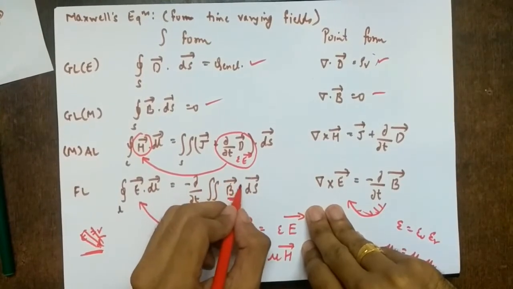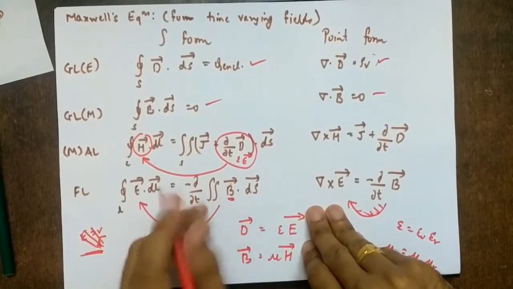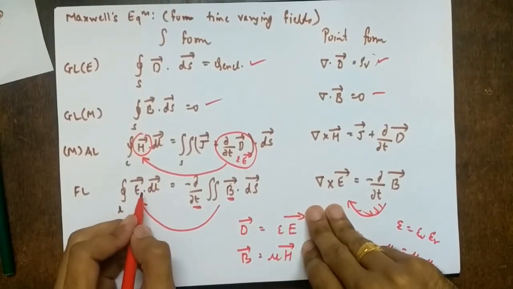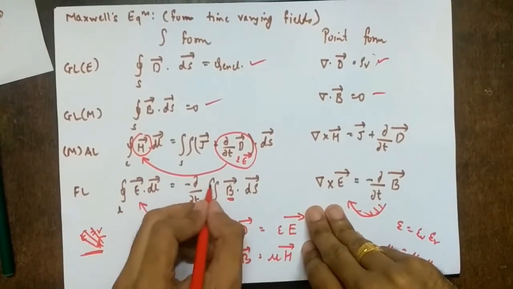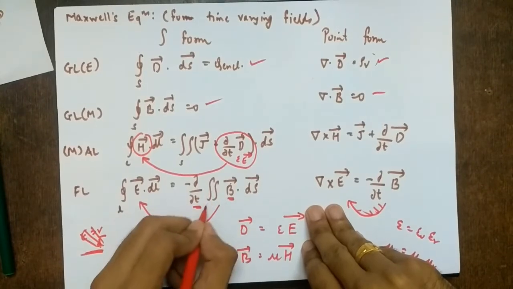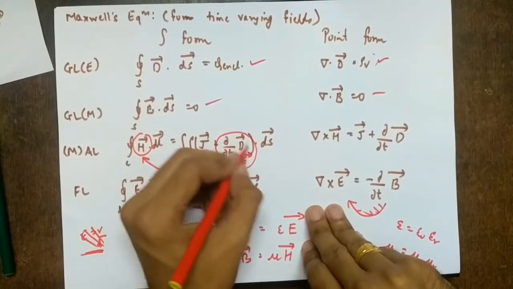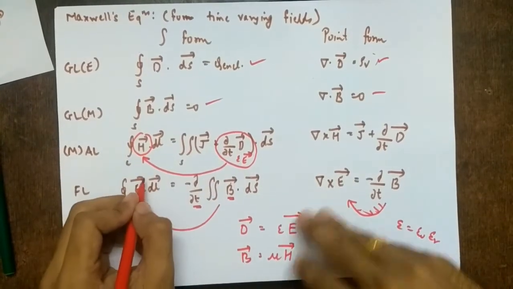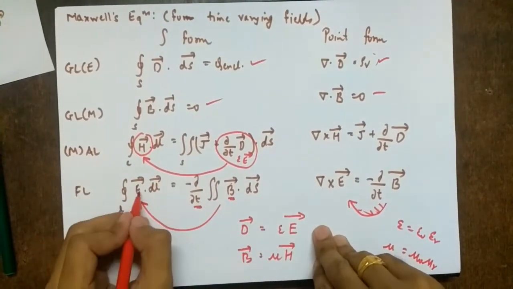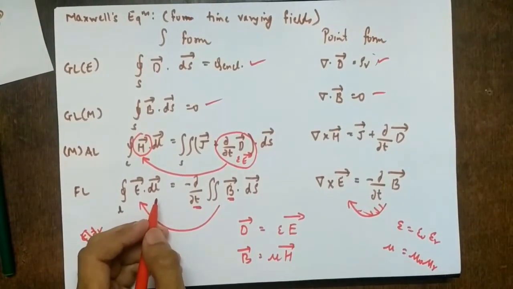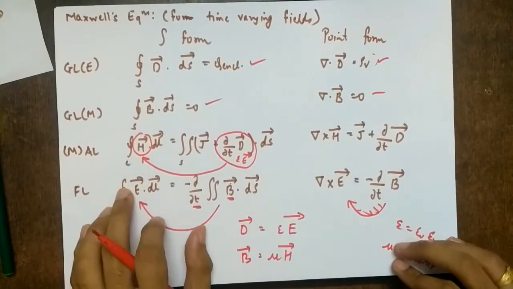Then when the right hand side is 0, the electric field will also be 0. So what we understand is, whenever there is a changing magnetic field, I'll always have an associated electric field, and whenever I have a changing electric field, I'll always have an associated magnetic field. Means E cannot exist without H and H cannot exist without E. So that is what we are seeing. This is the first takeaway from Maxwell's equations.